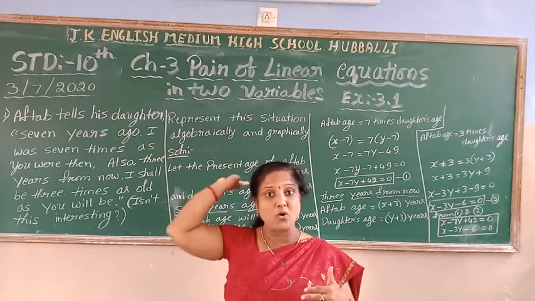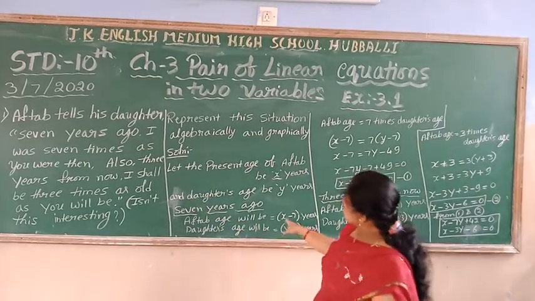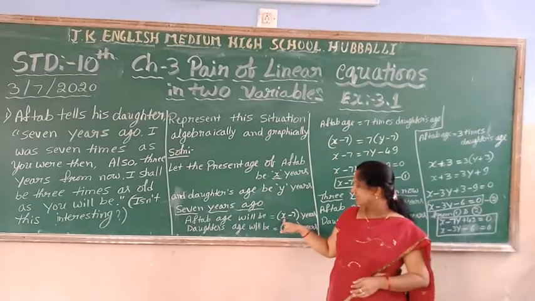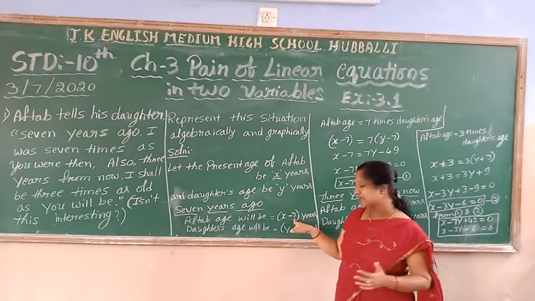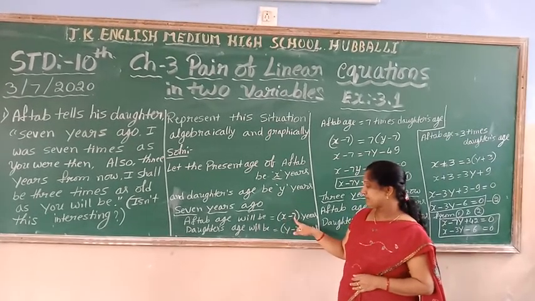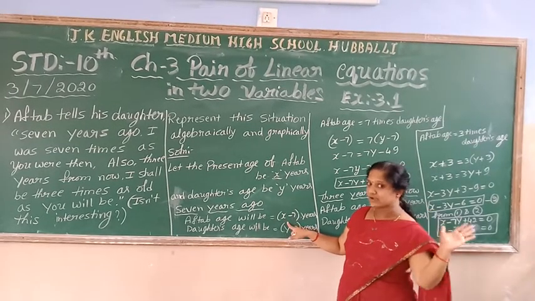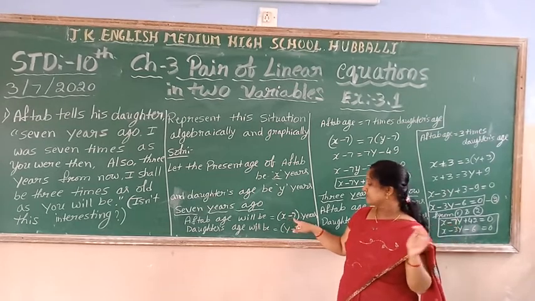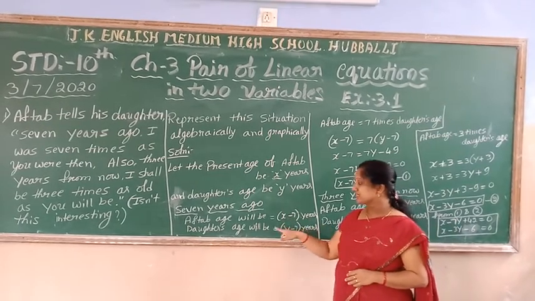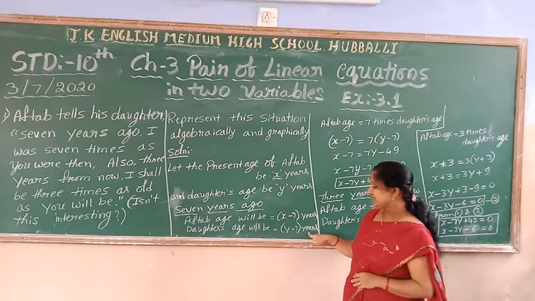If the present age of Aftab is X years, then 7 years ago his age will be X minus 7 years. The daughter's age will be Y minus 7 years.